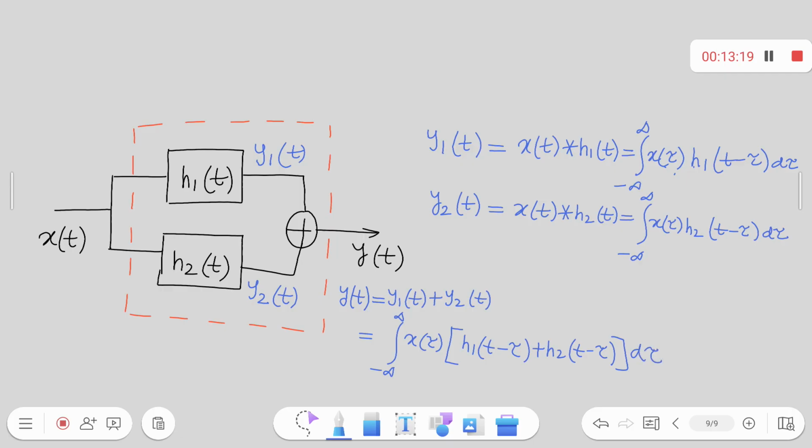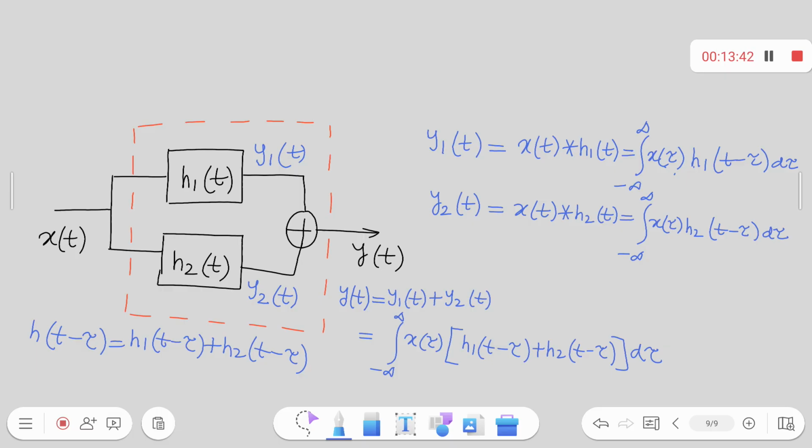So this h1 of t minus tau plus h2 of t minus tau, you can consider as, say, h of t minus tau, which is equal to h1 of t minus tau plus h2 of t minus tau, right?